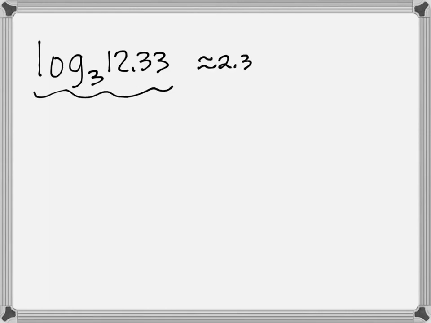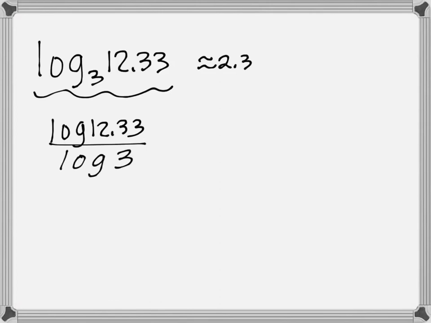Well, you can use the change of base formula on this side, right? Sure. Log of 12.33 divided by log of 3. And if you press enter, does it in fact equal approximately 2.3? Yeah, it will. But that's how you can check to make sure that you did it correctly. Isn't that great? Maybe 2.28. Okay. What was it? 2.28. Yeah, because we rounded, so that happens.